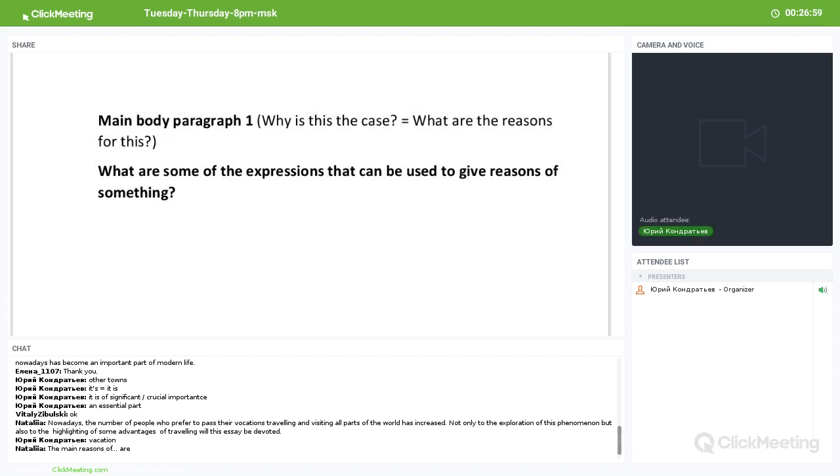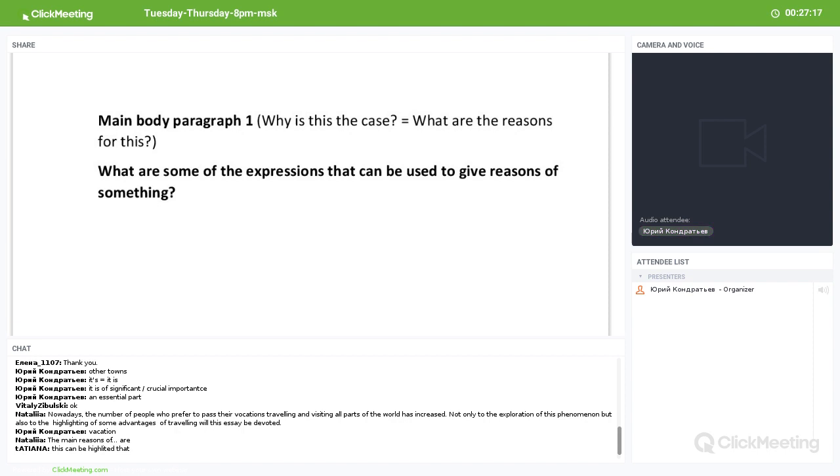Okay, Natalia, the main reasons of something are, okay, and then you give at least two reasons. Or you can say one of the main reasons of something is. This can be highlighted that, not this, but it can be highlighted that. And then you can say anything, not only a reason.